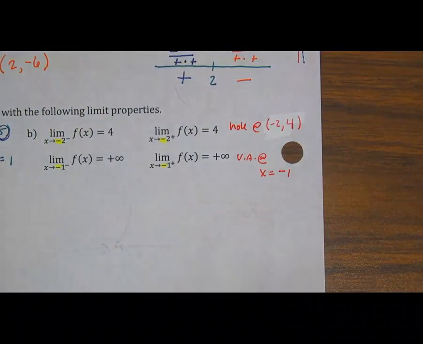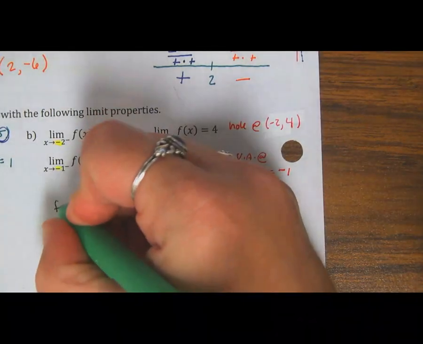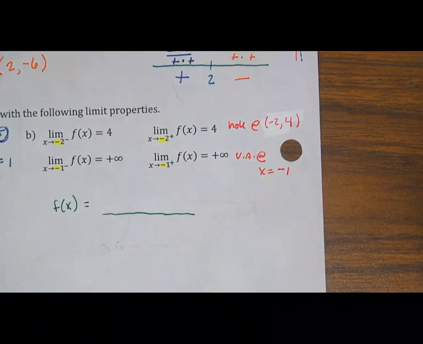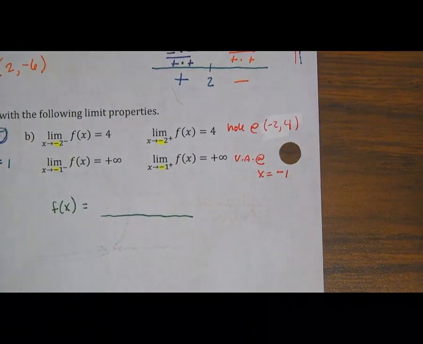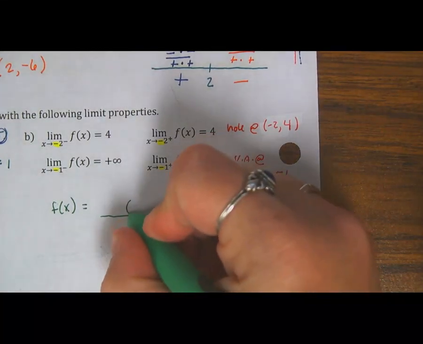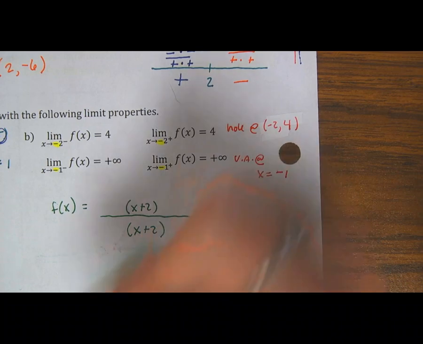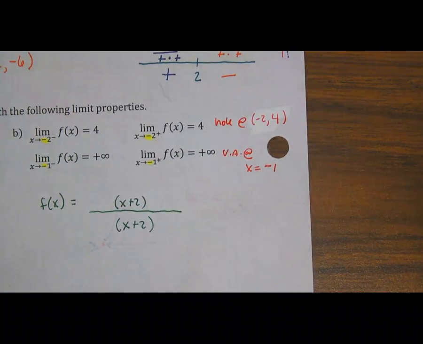Teeny tiny little symbols matter. All right, so get your fraction bar set up. We know there's a hole at negative 2, so x plus 2, x plus 2. We know there's a vertical asymptote at negative 1.